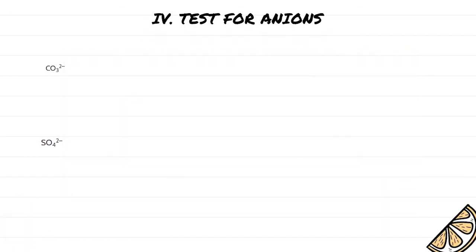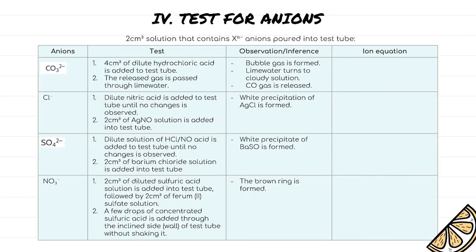Next, we are going to look at the test for anion. The test is done by pouring 2 cm cubed of the solution that contains the anion into a test tube. We have four anions here: carbonate, chloride, sulfate, and nitrate.